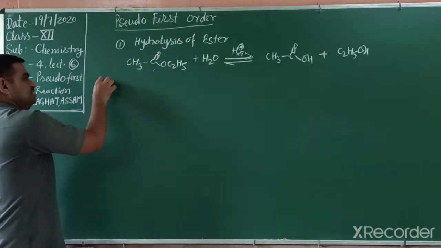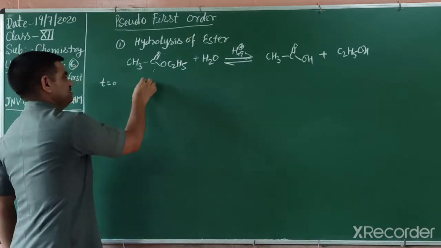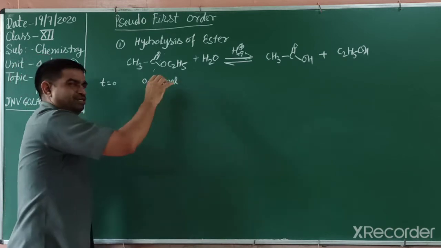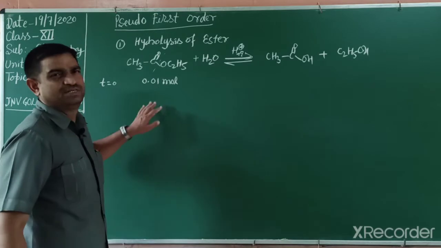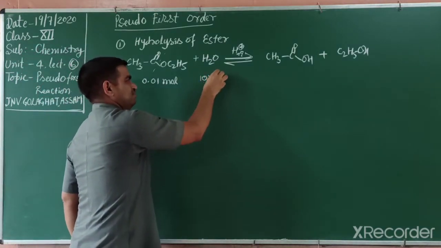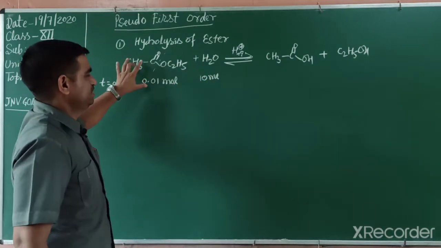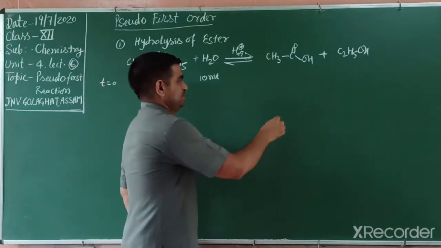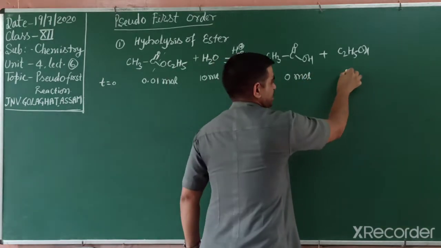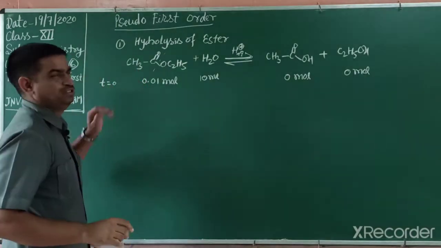At time t equal to 0, that is initial concentration, we take the ester as 0.01 mole, a very small amount, and this water we take 10 ml in excess. At the initial time, the products are 0 mole because no formation of product.